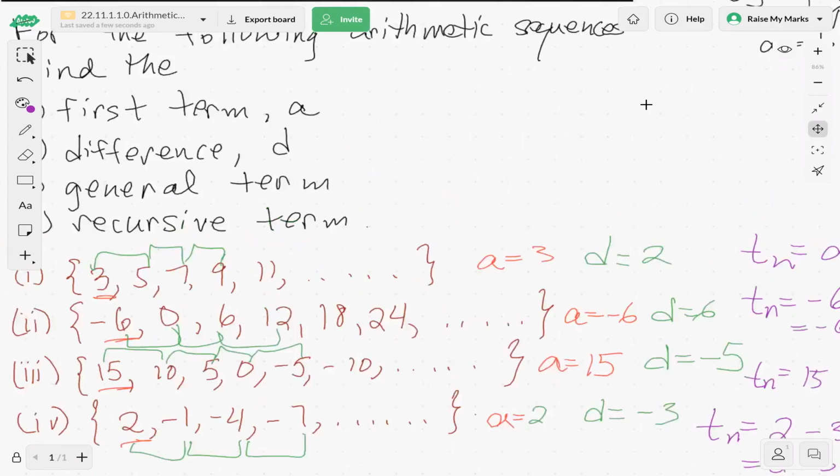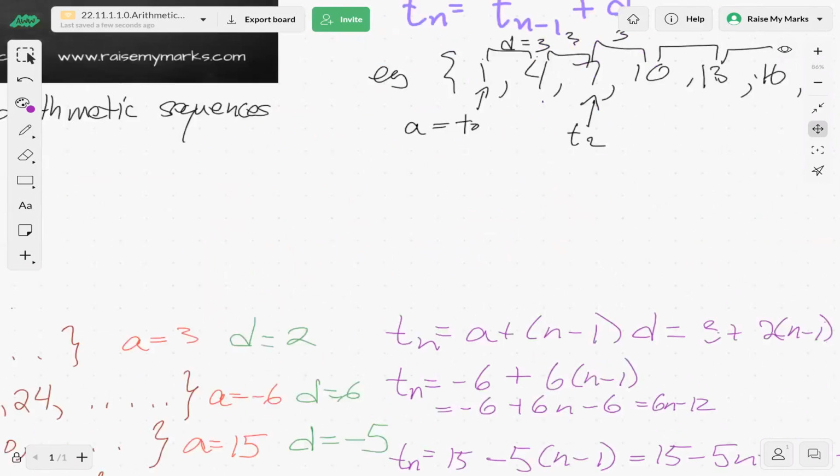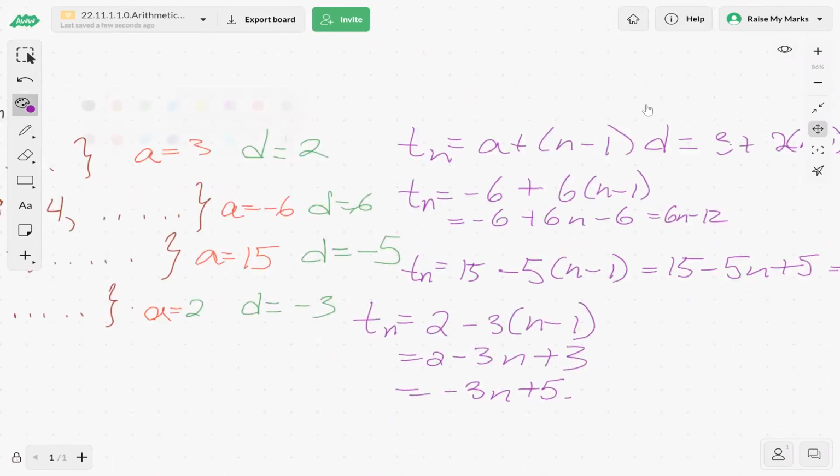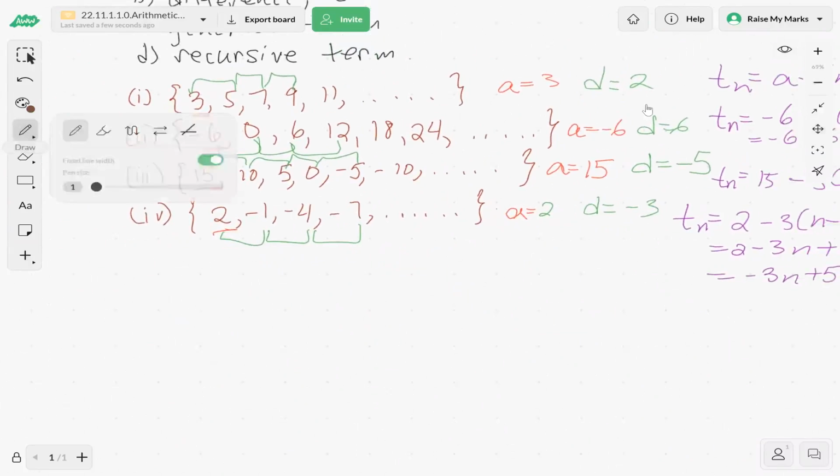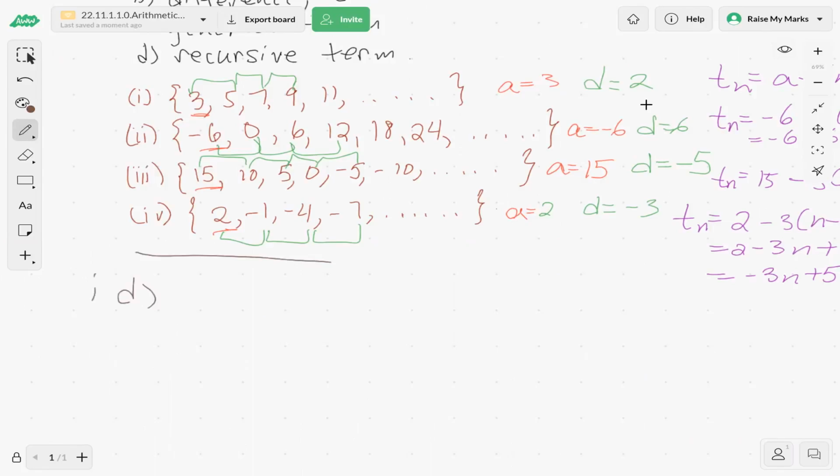And finally, the recursive term. What's the definition of our recursive term? Let's pick a different color for that, brown.